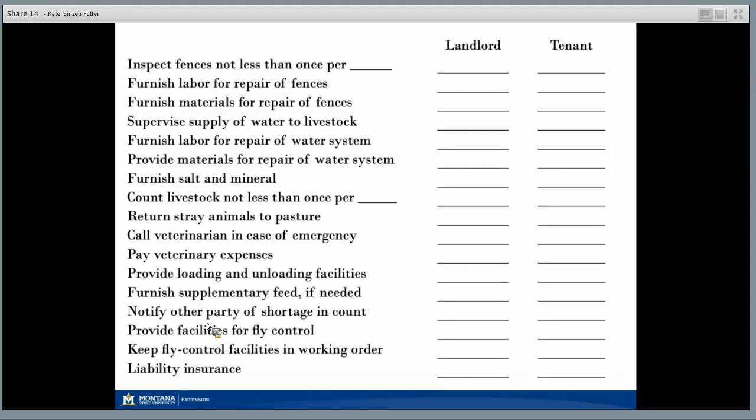But just Googling around and seeing what kinds of things people have included in their leases will give you an idea of what you might want to include in yours. So this is just a subset of all the things that you might want to include. Then you can mark off who is responsible for each one of these items.